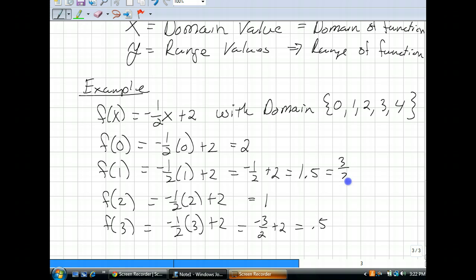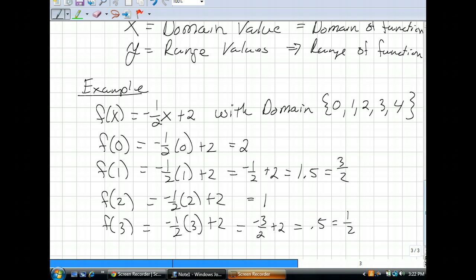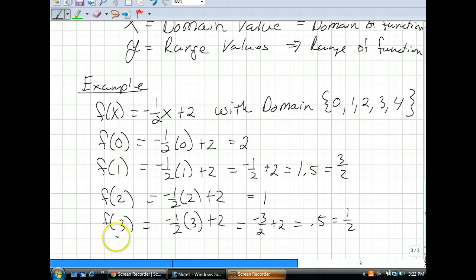Let's write this as 3/2 and this one as 1/2. Okay? That way we're staying with the same type of numbers. And then f of 4 is negative 1/2 times 4 plus 2, which is negative 2 plus 2, or 0.